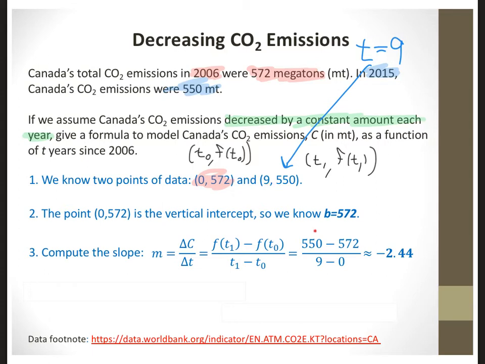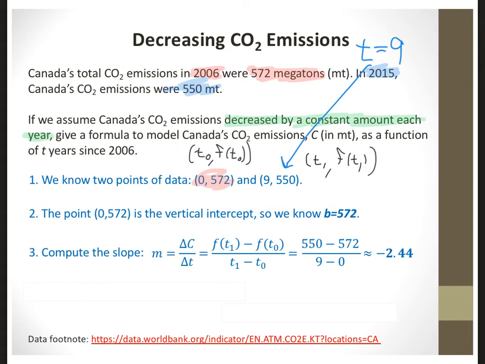And again, it's important that we put the coordinates of the second point first in our difference, and then we have the initial points that we're subtracting from them. So that gives me a slope in this case of minus 2.44 megatons each year. So practically speaking, this is telling me that every year, if Canada is going to decrease their emissions in this way, they're going to have to decrease their CO2 emissions by 2.44 megatons each year.